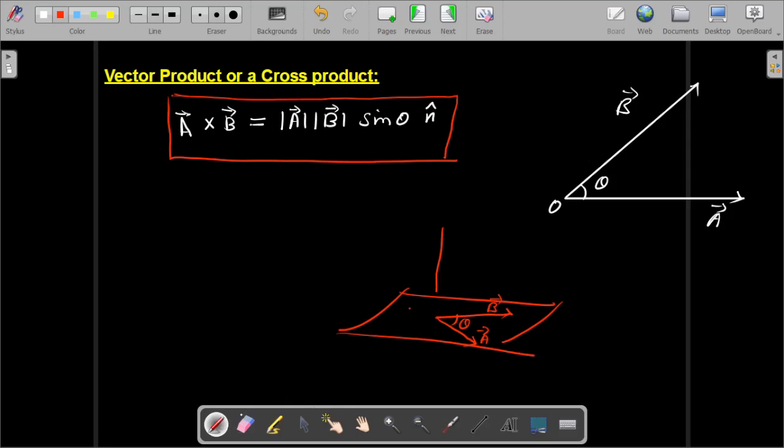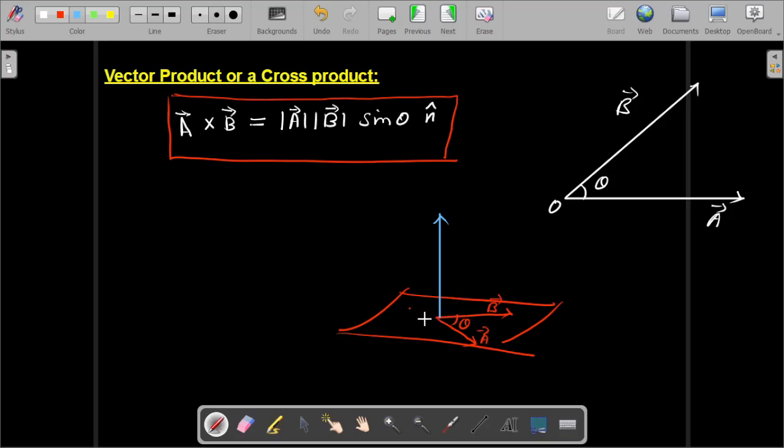The direction is perpendicular to the plane where the given vectors A and B are situated.